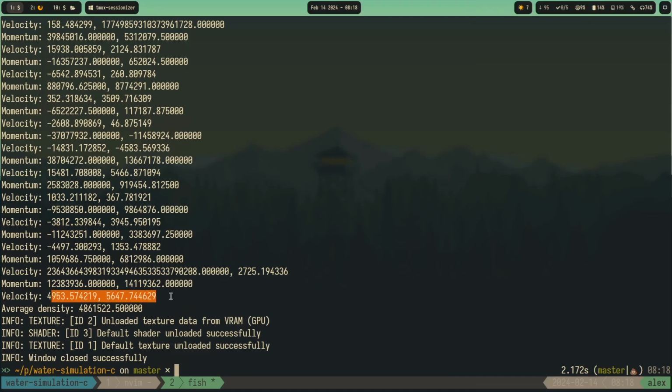And the velocity is wow, this is insane. I'm pretty sure that this looks like an error, but it doesn't make sense, from this thing to get this thing.